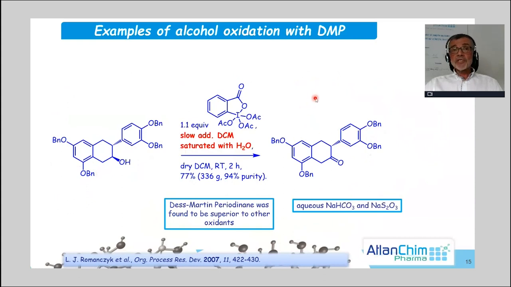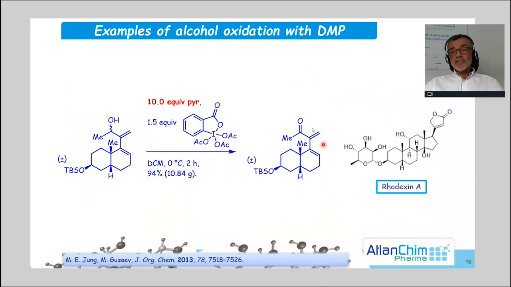So after completion of the oxidation reaction, saturated sodium hydrogen carbonate solution was slowly added, followed by a 10% aqueous solution of sodium thiosulfate. After extraction, the crude product was directly purified by crystallization to give the desired ketone here in good purity in 77% yield on more than 300 grams scale.